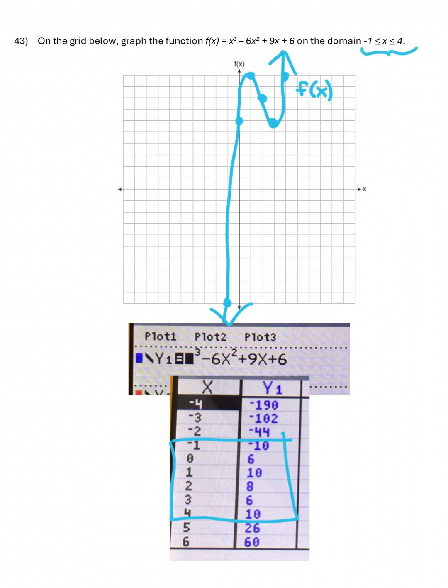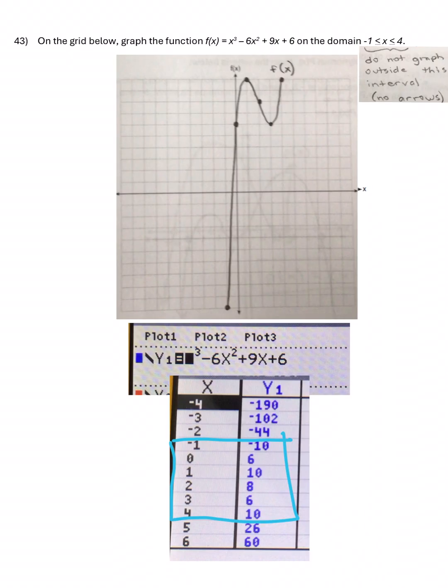What that means is start here at -1, stop here at +4, and do not graph outside of that. So if we're not going to graph outside that given domain, what that means is, see this? These arrows should not be here. It means start here, stop here, and do not go outside that given domain.